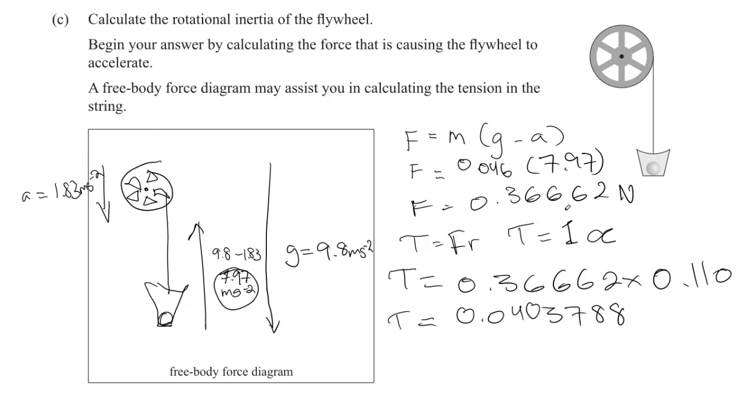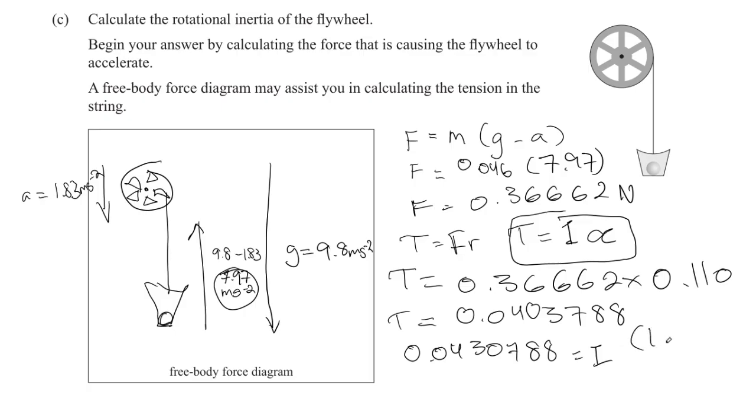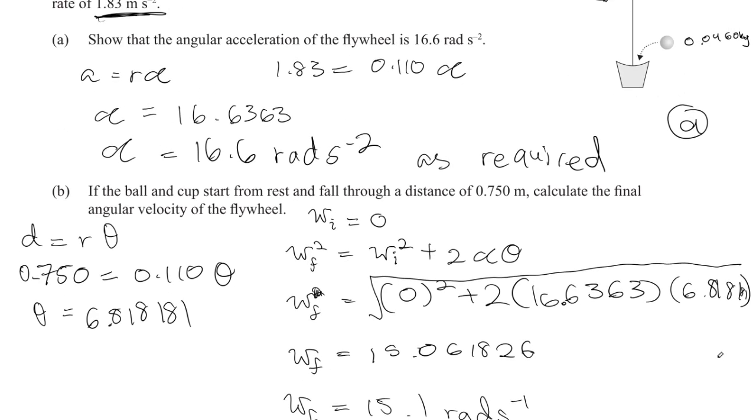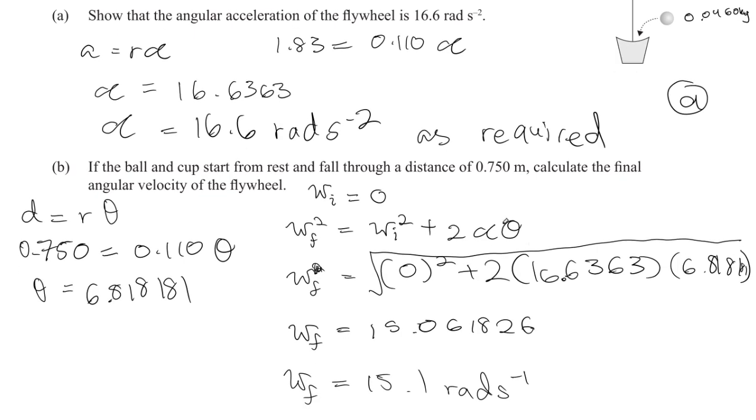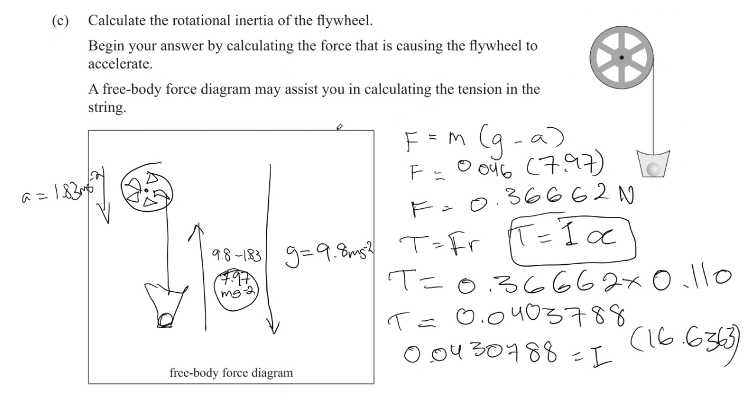Now we use this other equation: 0.0403788 torque equals rotational inertia multiplied by angular acceleration, which previously we found to be 16.6363.